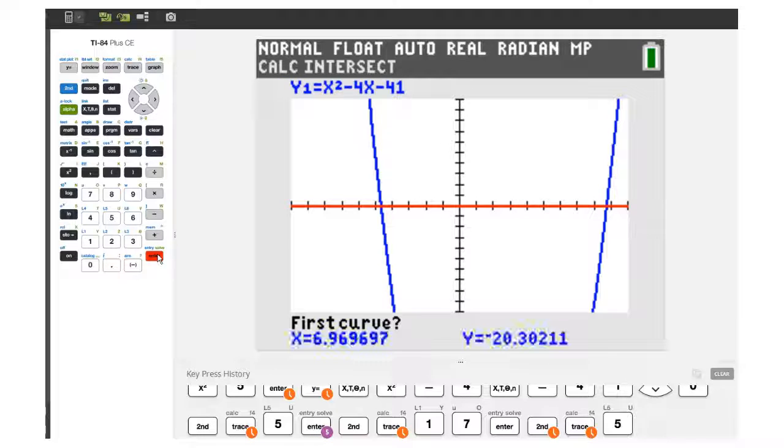I'm going to hit enter for the first curve, enter for the second curve, and then enter again because I don't want to guess. And the answer that the calculator is going to give me is 8.708, which we said is going to be 8.71. So the values that I got using the quadratic formula are indeed correct, and my work is verified graphically.